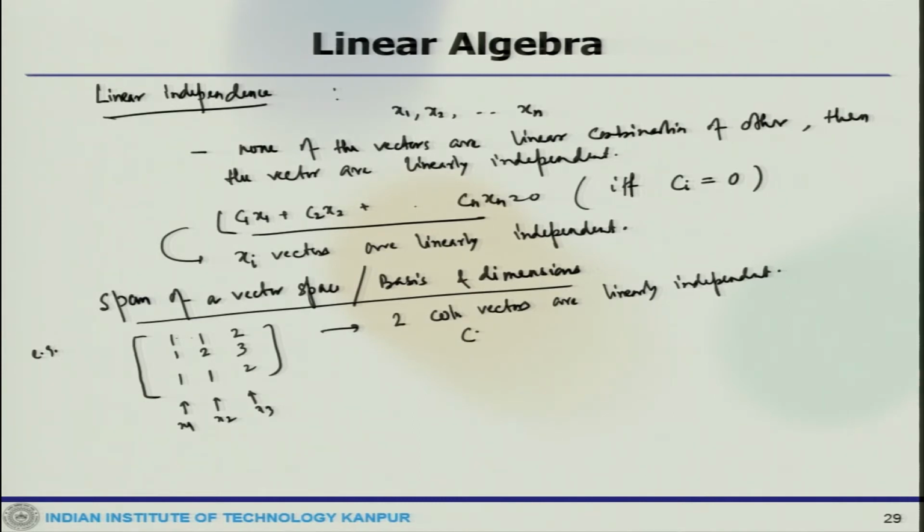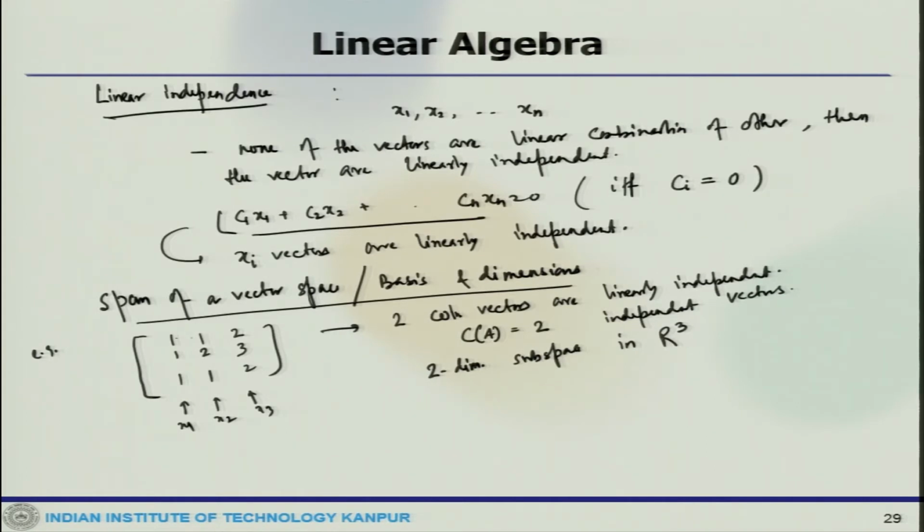So, the column space will have 2 independent vectors, and this is a 2 dimensional subspace in R3. Okay. So, this is a 2 dimensional subspace in R3.